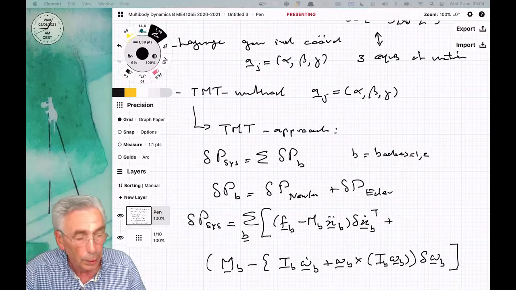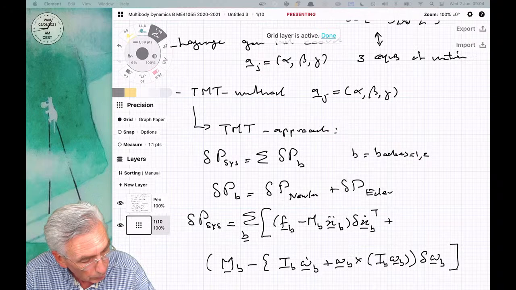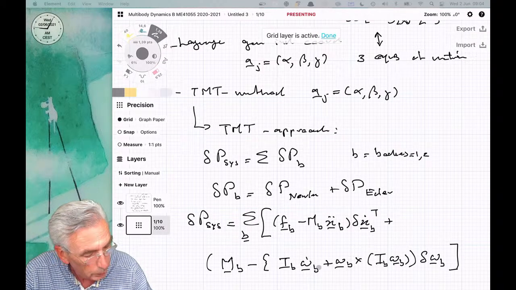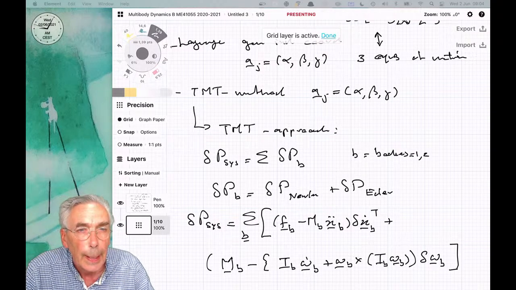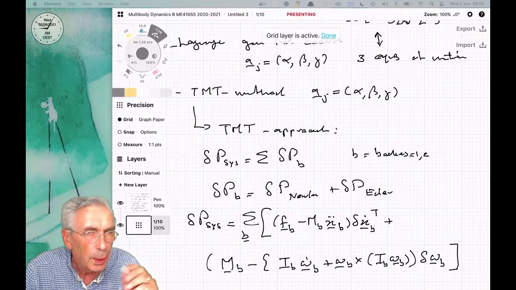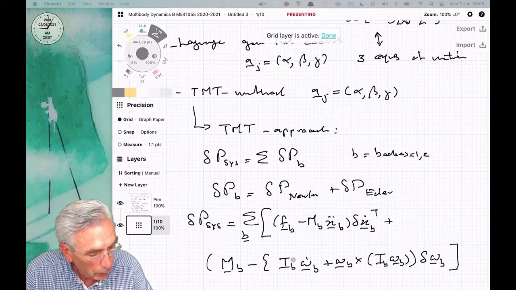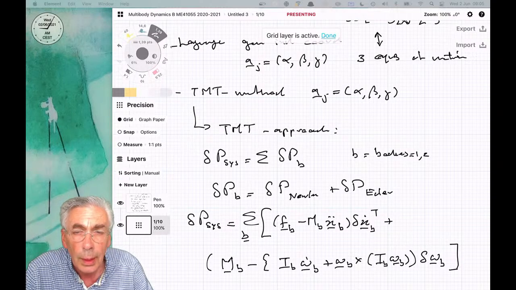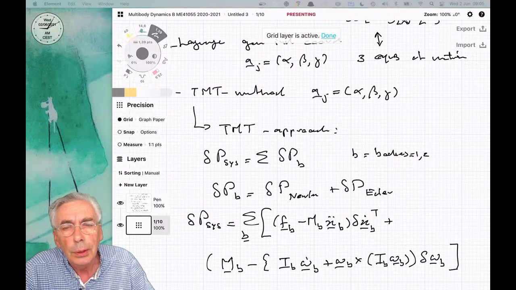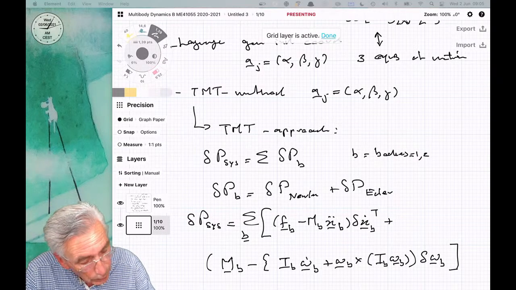So we sum over all the bodies. So we sum to get the Newton part, and then we have the Euler part. You may remember that if we do everything in an inertial fixed frame, which we will do here, then that sort of works. If we do that here, then we are in trouble, because then the mass moment of inertia will change all the time. Whereas if we take a body fixed coordinate system, or triads, then it doesn't change.